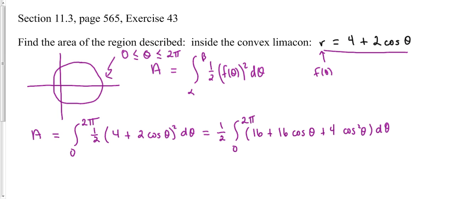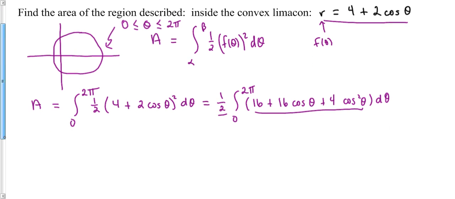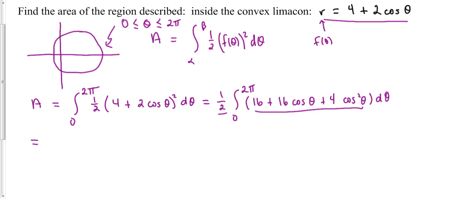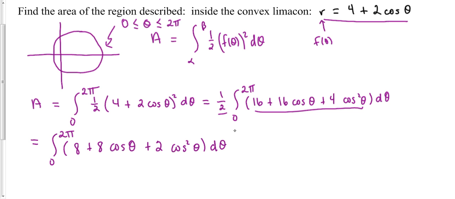And then I'm going to distribute this 1/2 because I noticed that every term in here is divisible by 2. So this is going to become the integral from 0 to 2 pi of 8 plus 8 cosine theta plus 2 cosine squared theta d theta.